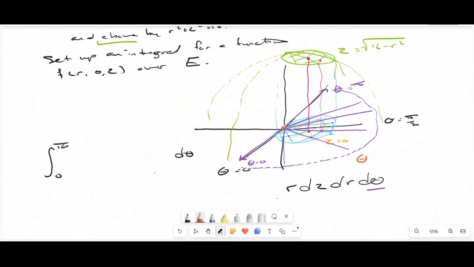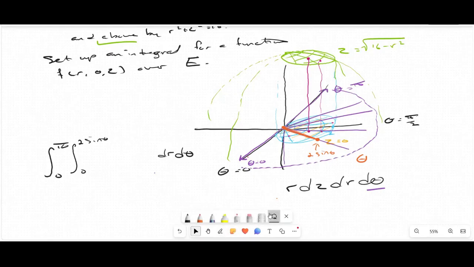R needs to go from the origin out to the blue circle's edge. What is that edge? It's 2 sine theta. So I'm going to take R now from 0 to 2 sine theta. This is dr.